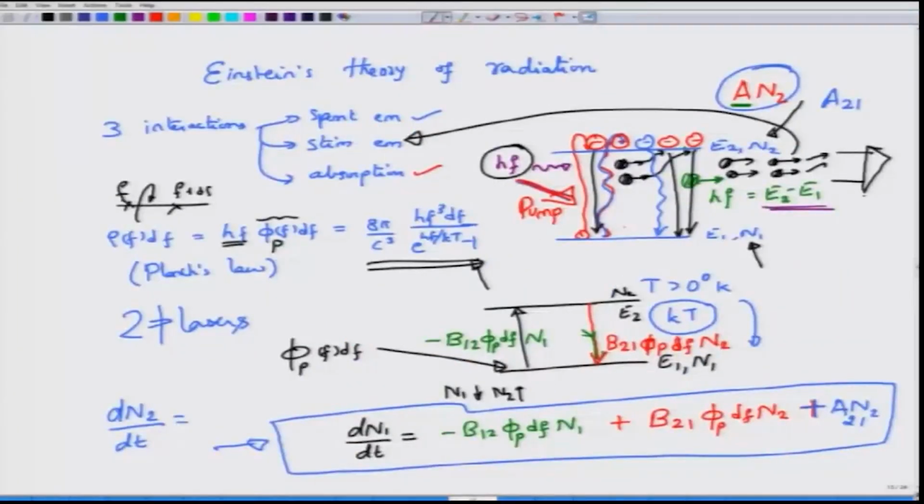To summarize what we have seen in this module, we started off by looking at the two population levels N1 and N2 belonging to the energy states E1 and E2. We saw 3 interactions: spontaneous, stimulated and absorption. We wrote down the rate equation. This equation, where you see how the population density is changing, is called the rate equation. I will leave the rate equation for N2 to be written by you; it will be essentially the same thing, but with minus signs replaced by plus signs.